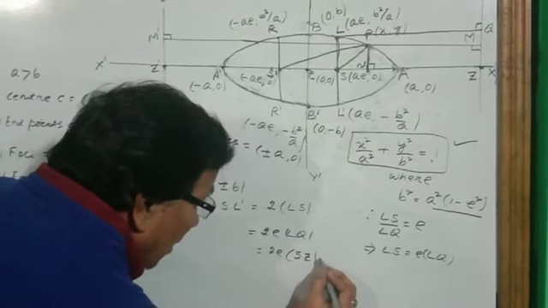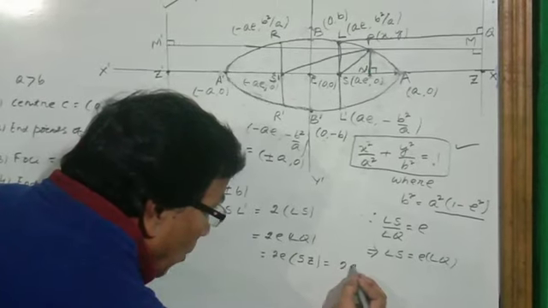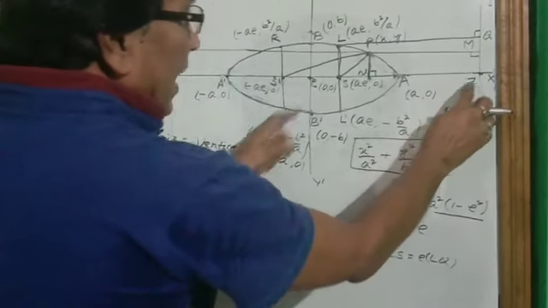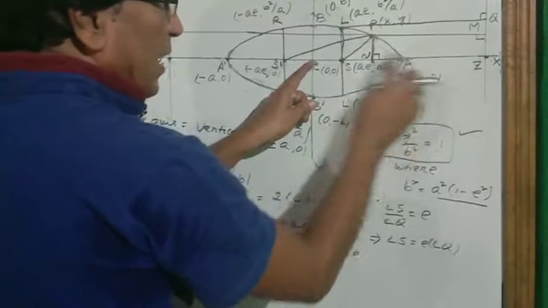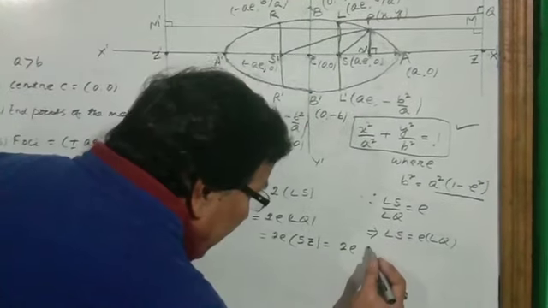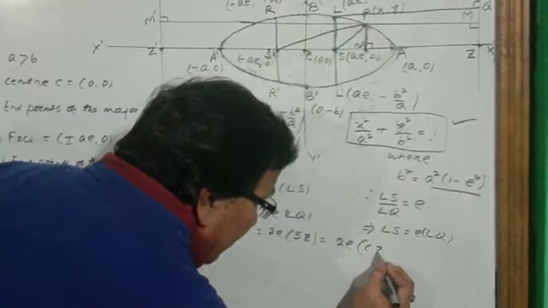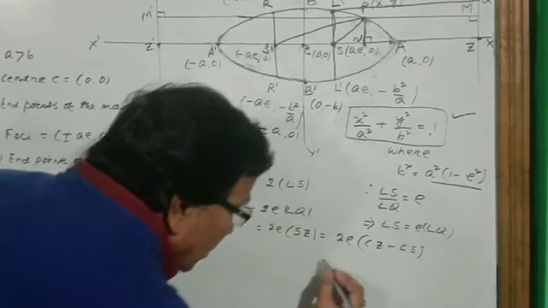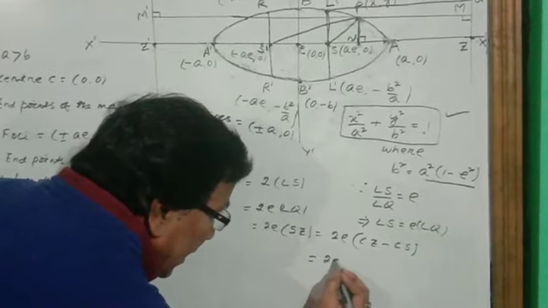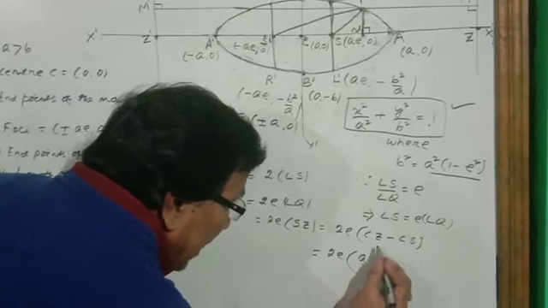So again, what is SZ? SZ is equal to CZ minus CS, which is equal to 2E into AZ.